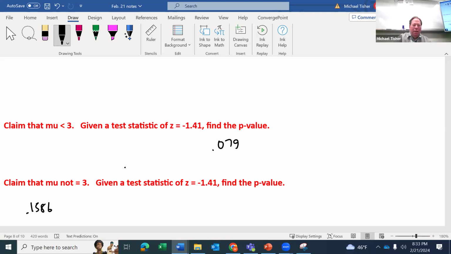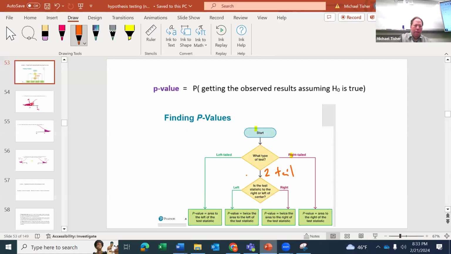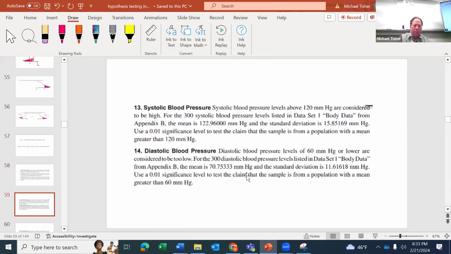Okay. So all that has to do with one sample. Now, what if you have 2 samples? We're going to do testing with 2 samples now.